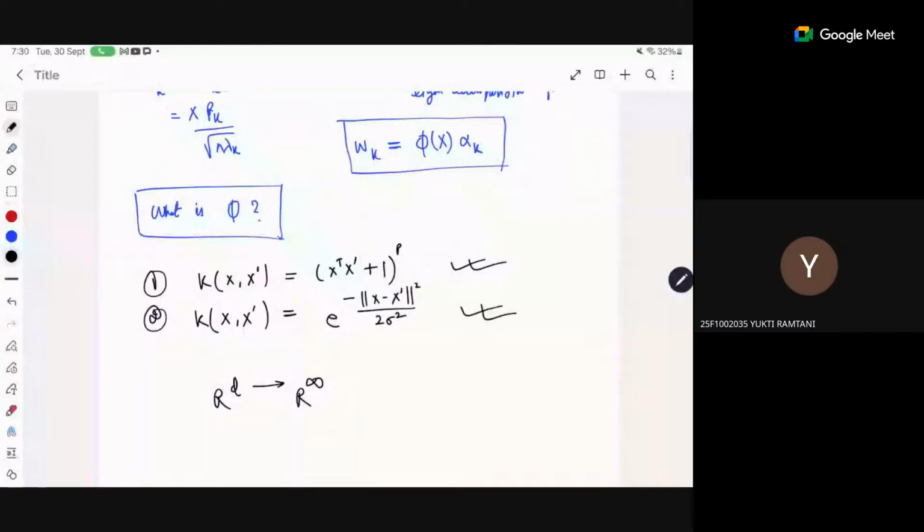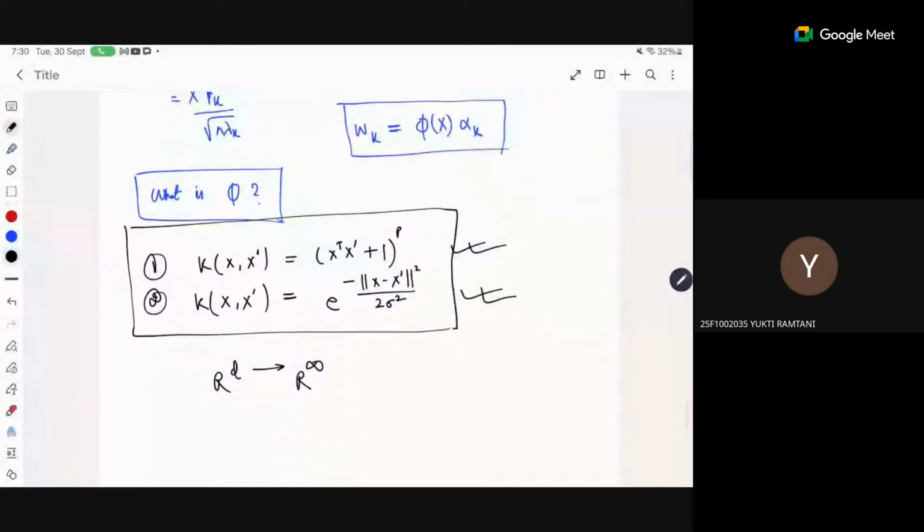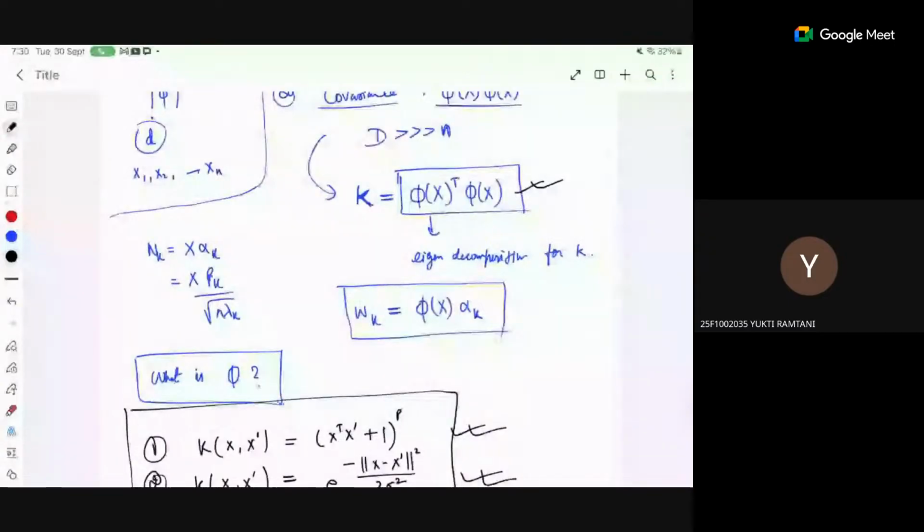This is also a valid kernel function. There are more such kernel functions, but we are sticking to these two for this course. Whenever you want to move to an infinite dimension, we'll use the radial basis function. Both of these are valid kernel functions, and we can use them to get our phi x transpose phi of x.